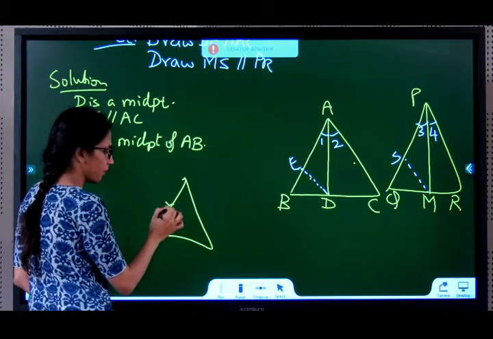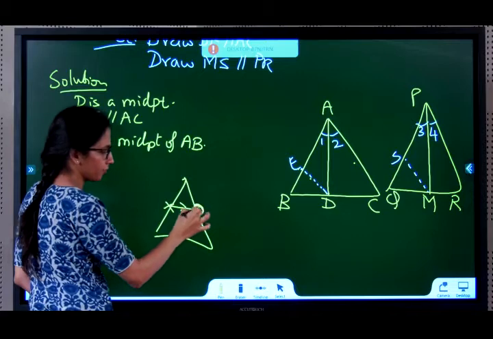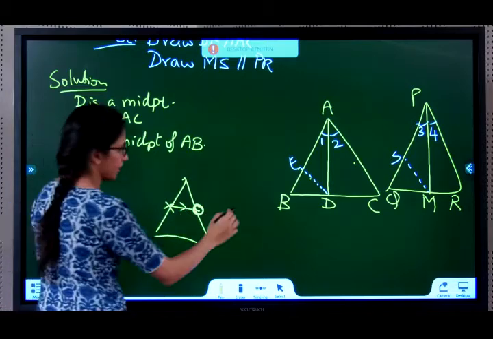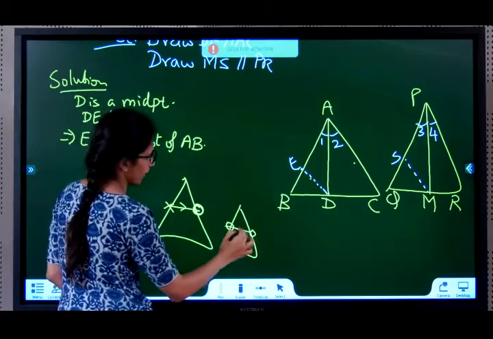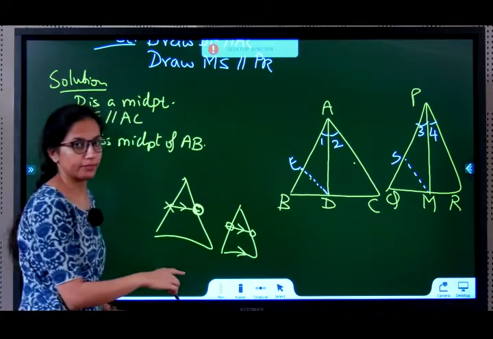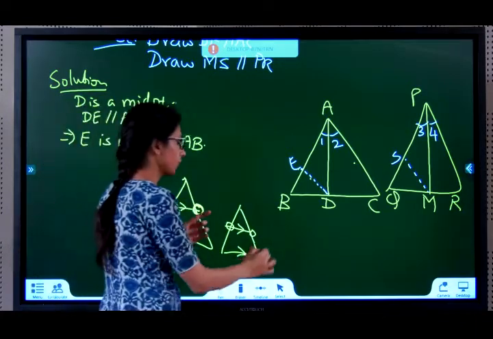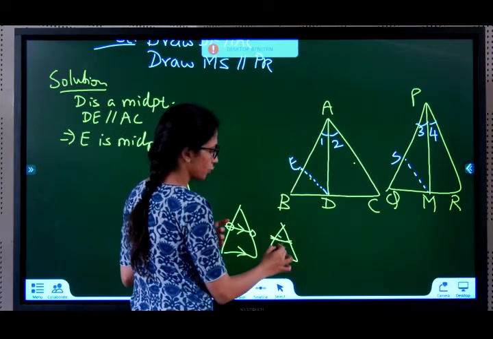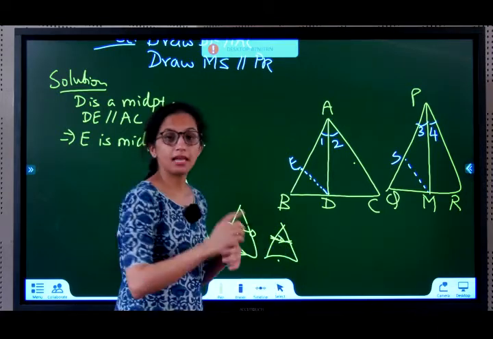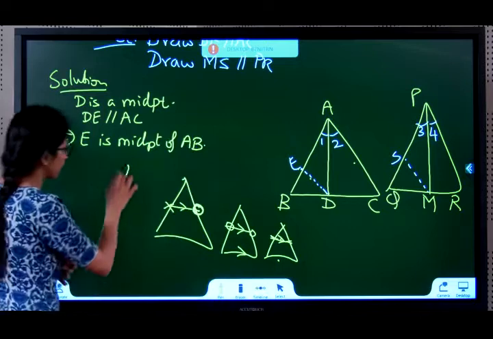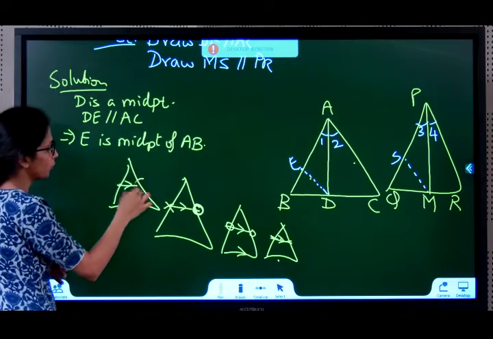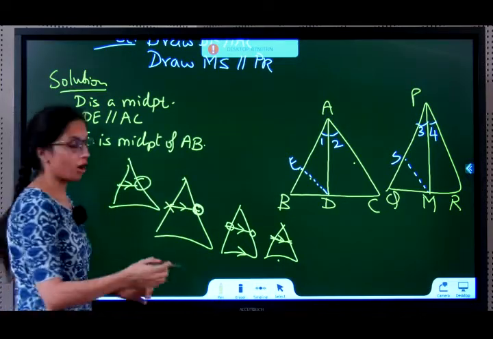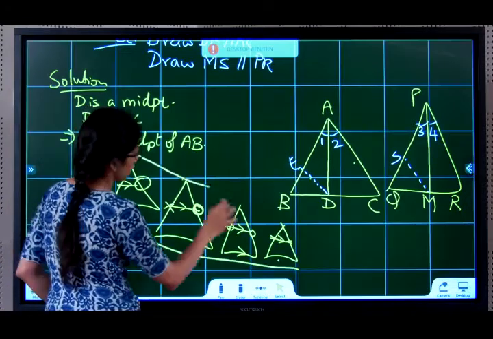If you start from midpoint and go parallel, you will reach another midpoint. Converse midpoint theorem. If you take two midpoints and you join it, this will be parallel to this, midpoint theorem. Let me repeat. If you have a triangle, take two midpoints and join it, this will automatically become parallel to the base, midpoint theorem. If you have a triangle, start with the midpoint and go parallel, you will reach another midpoint, converse midpoint theorem.